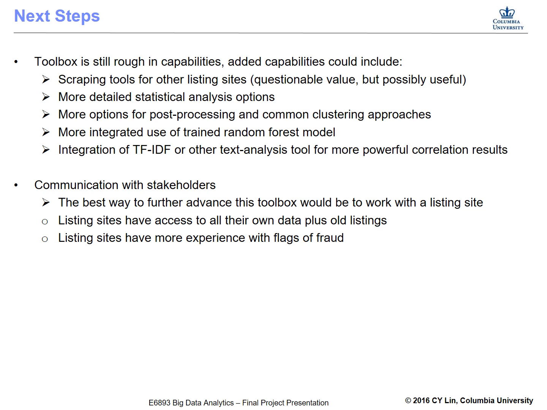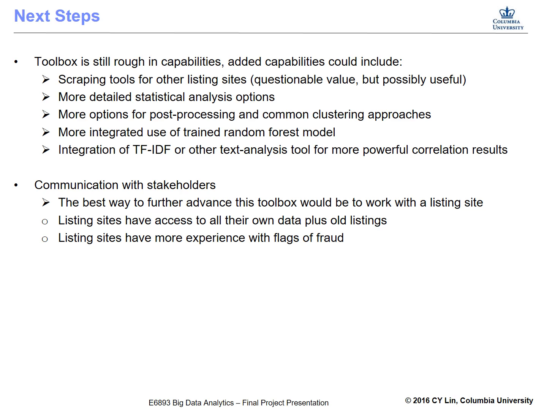Also, the best way to further advance this toolbox would really be to work with a listing site. Any next steps and more intensive testing would need a much larger data set and more extensive resources. These listing sites would have access to all their own data and history as well, so you could integrate Bayesian networks into this once you had that extra history.